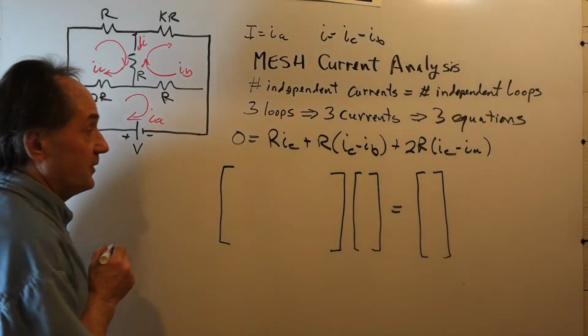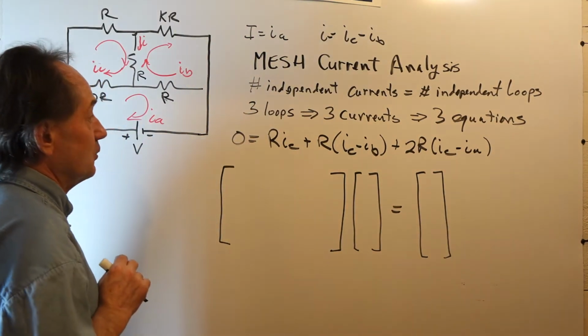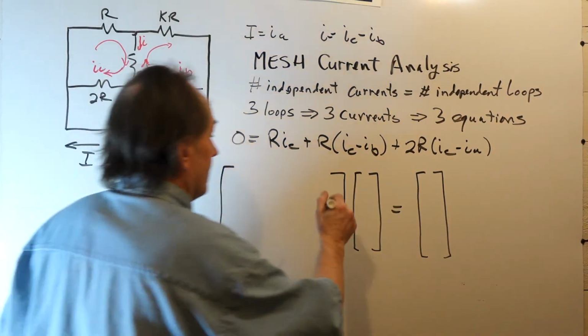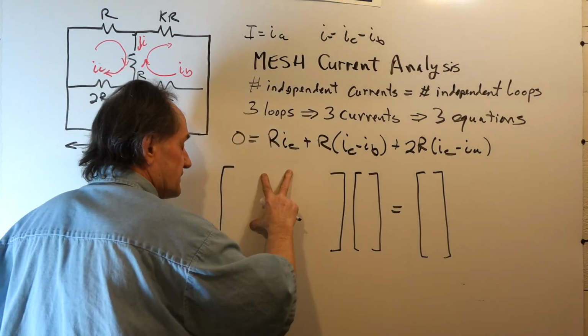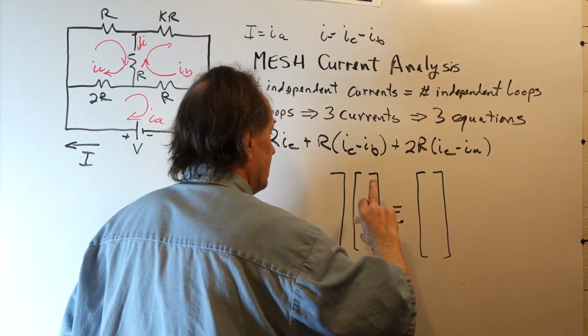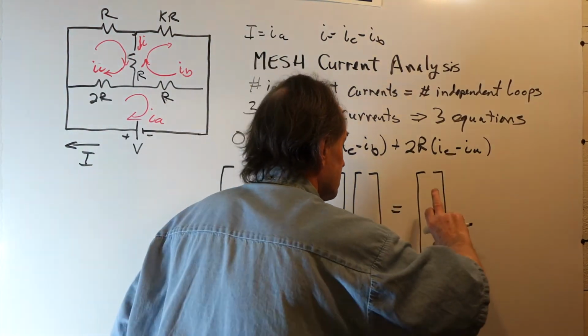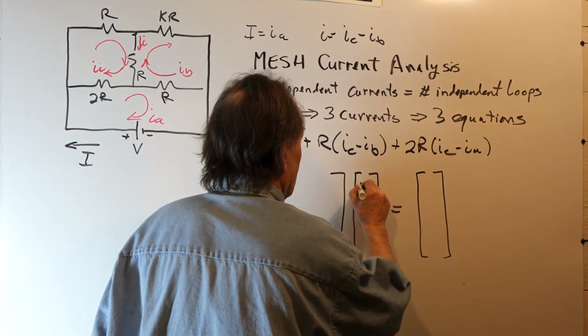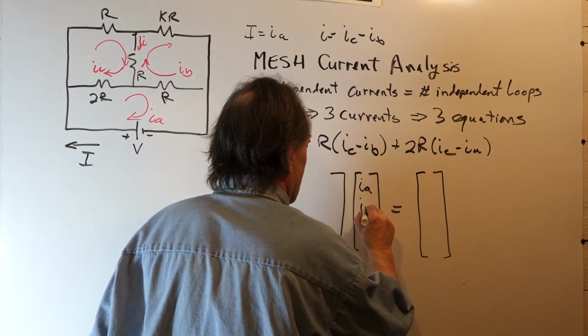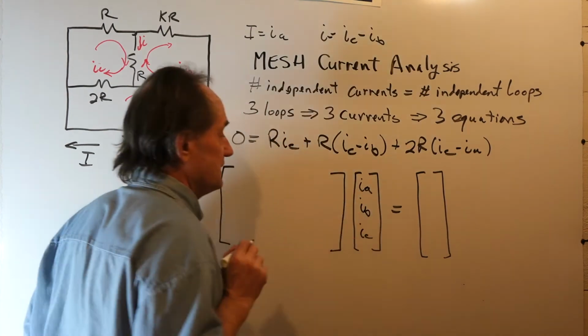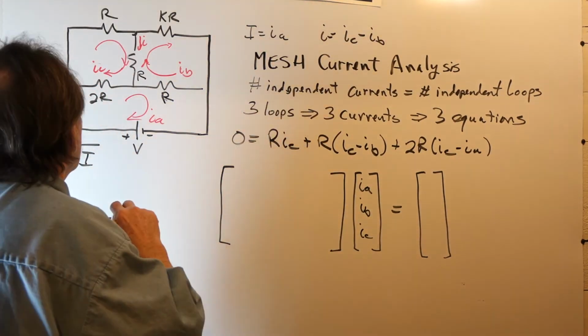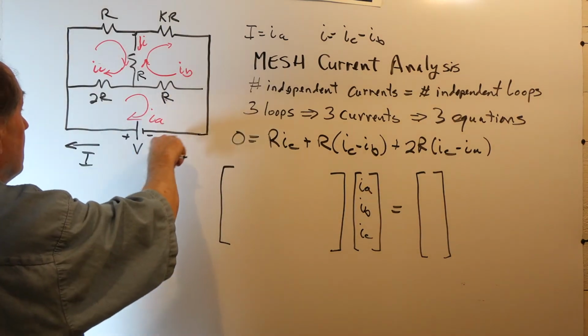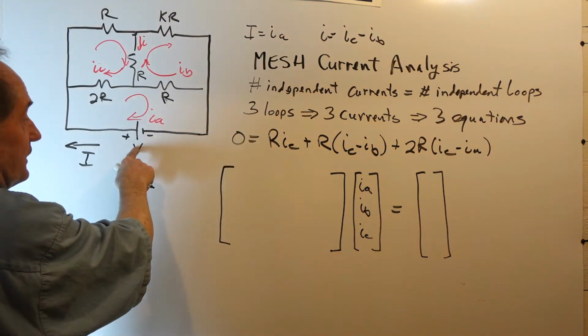We're going to have 3 rows because we have 3 loops and 3 equations. This is going to be the resistance matrix, this will be the current matrix, and this is the voltage matrix. Now, I'm going to go in order: IA, IB, IC. These are our unknowns. Only the IA loop has a voltage source.